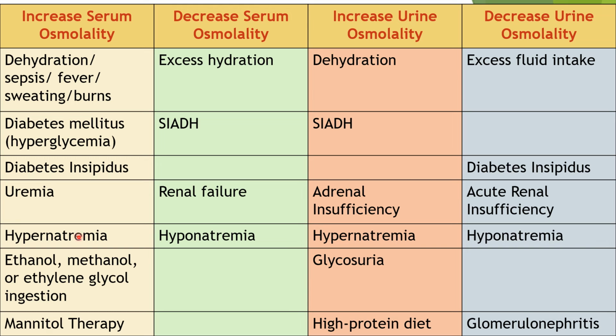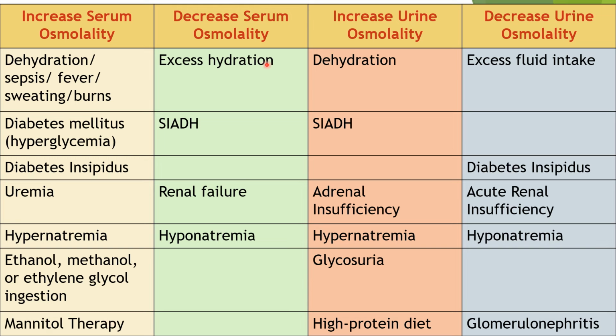Hypernatremia, sodium is more in our blood. Ethanol, methanol or ethylene glycol ingestion. When alcohol is ingested, what happens is more fluid is gone through dehydration and more solute will be there in the blood. Mannitol therapy, that is a diuretic that results in more release of water from our body through the urine and solute will be more in the serum.